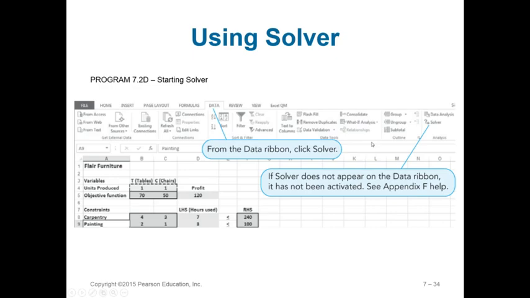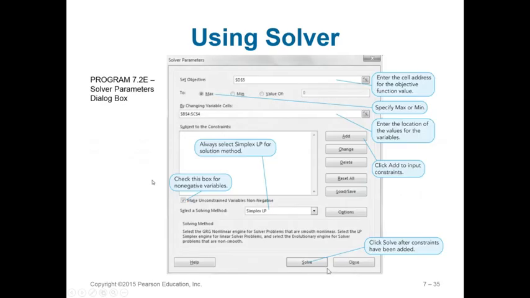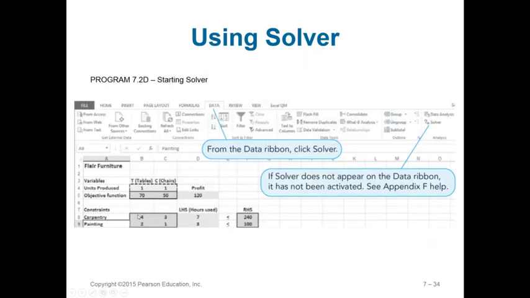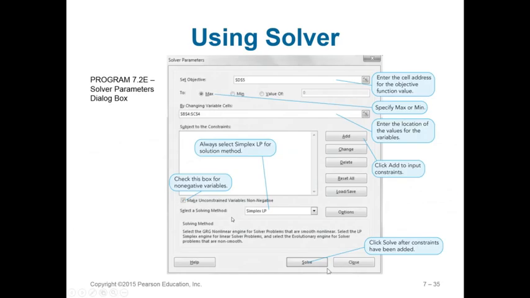If you go back here, what are the variable cells that change? That is the number of tables and number of chairs that are going to be produced. And what are the constraints? You'll put the constraints within this box here, and those are the constraints of a certain number of carpentry hours and a certain number of painting hours, and a limitation on how many hours you have available.